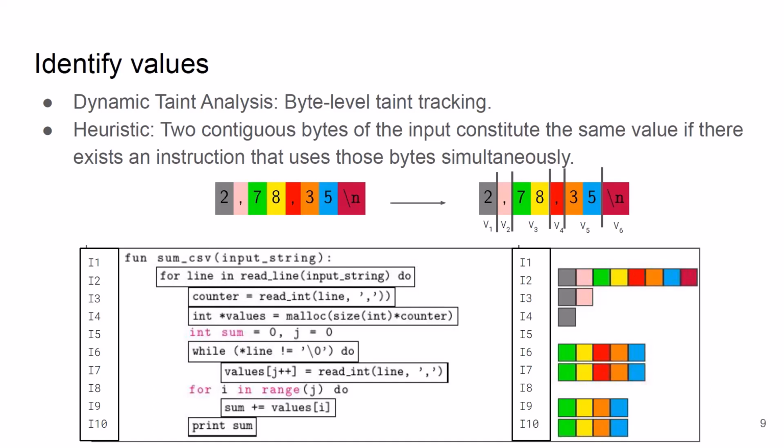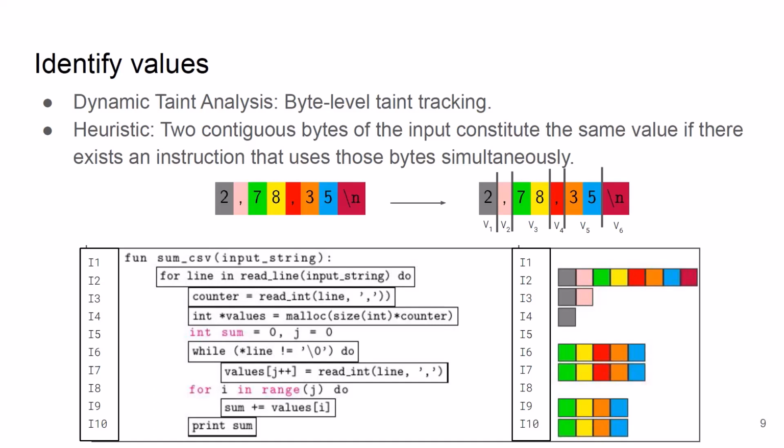And once we have the trace, we apply the first heuristic, which says that 2 contiguous bytes of the input constitute the same value if there exists at least 1 instruction that accesses those bytes together during one of its invocations. So for instance, at I4, it accesses byte 2, which means 2 can potentially be a value.